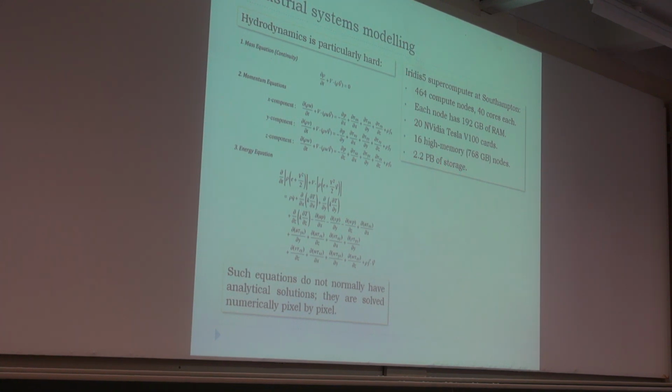Iris 5, the good old thing that my group spends rather a lot of time using. It's got about 500 nodes, and each node is about 10 times larger than your laptop in terms of computing power. So your typical node these days would have about 4 cores and about 4 or 8 gigs of RAM. These nodes have got 40 cores each and 200 gigs of RAM.